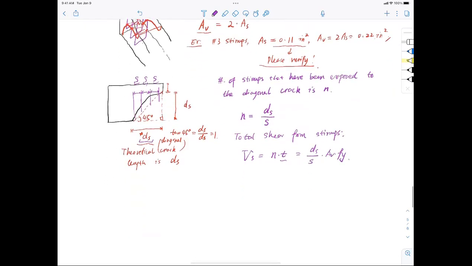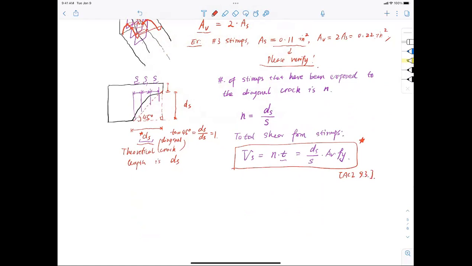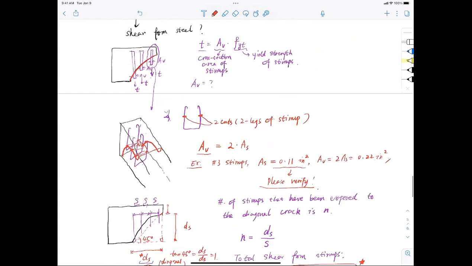And ladies and gentlemen, you finally have it. That is the design equation for stirrups. You can find this equation in the ACI code, ACI 9.3.3, roughly 9.3 here. Let's call it equation 5.